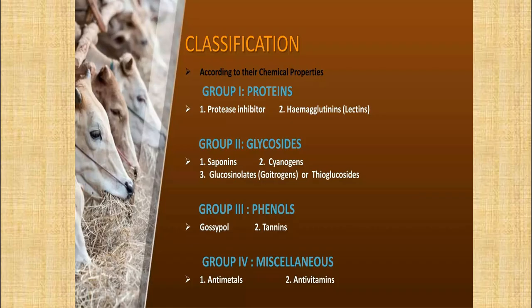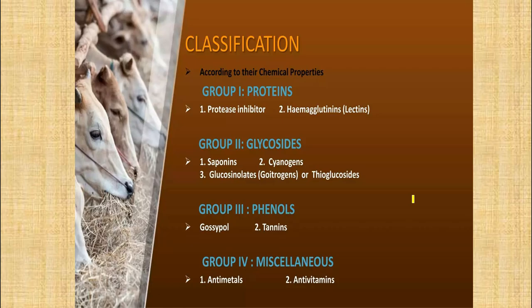Then the examples are the saponins, then cyanogens, then thioglucosides or glucosinolates, which are the goitrogenic factors. Whereas group 3 is the phenols, then they need to be corrected.